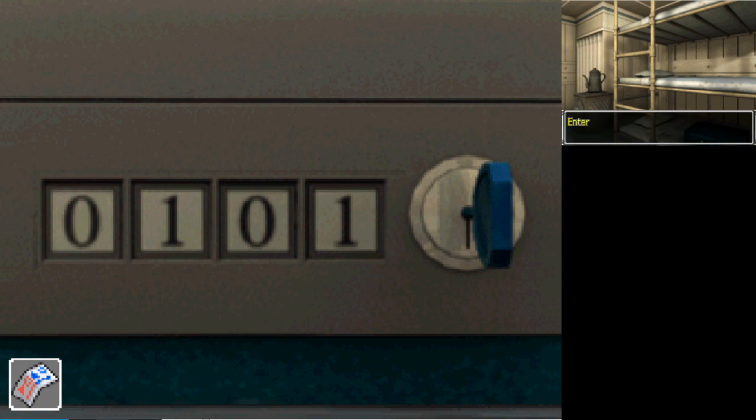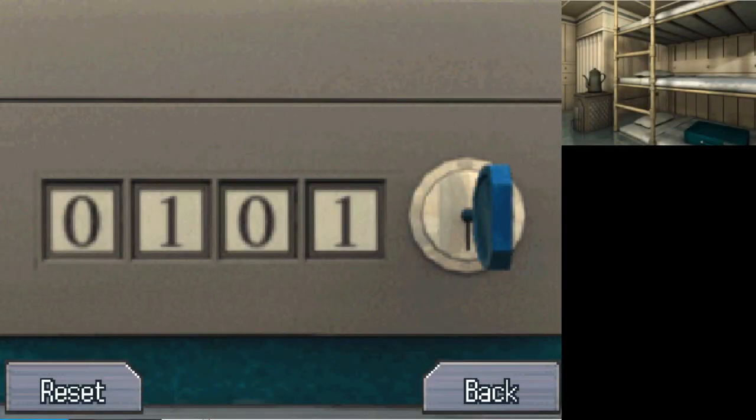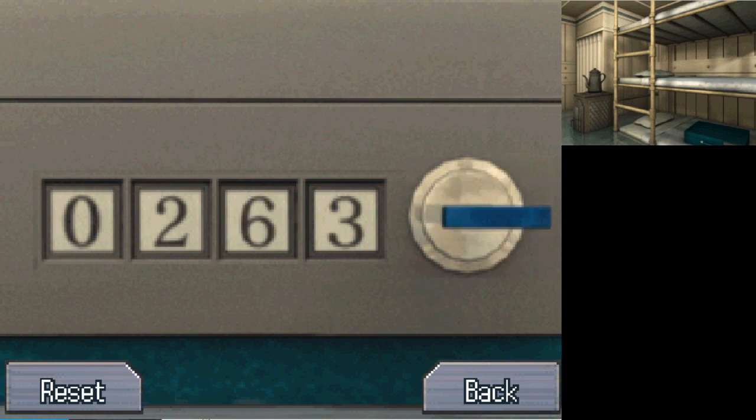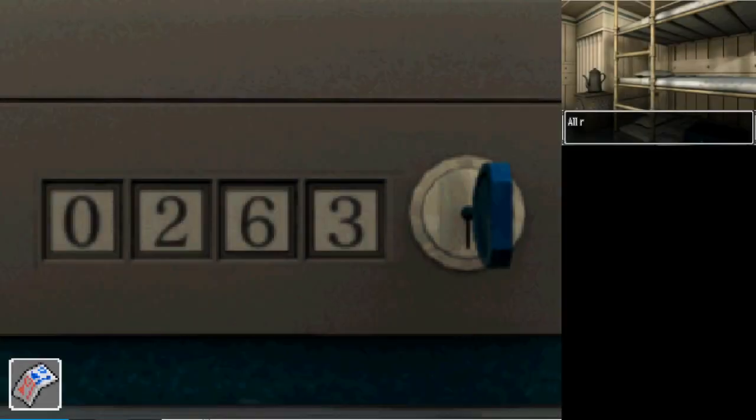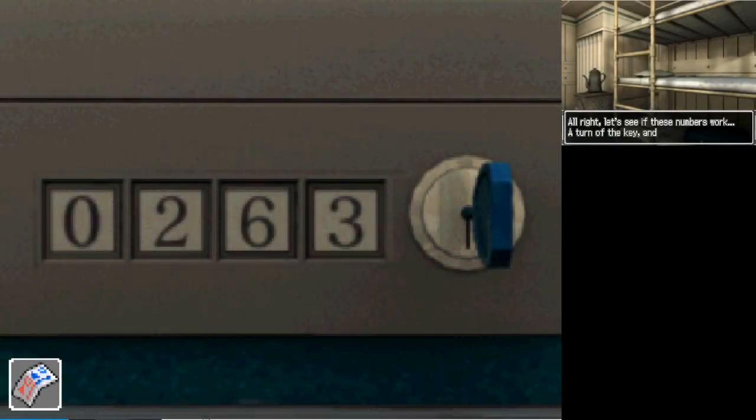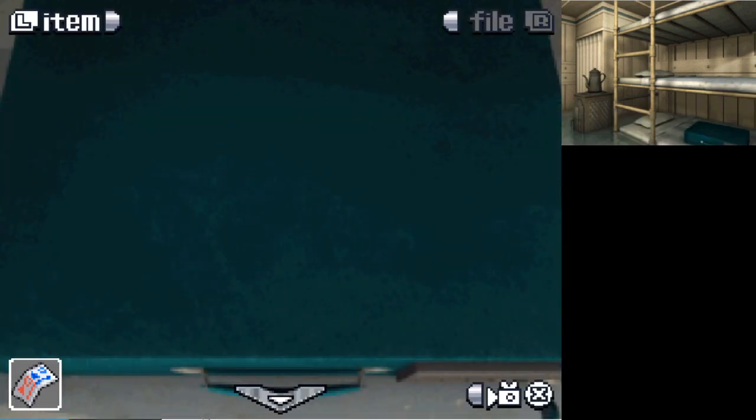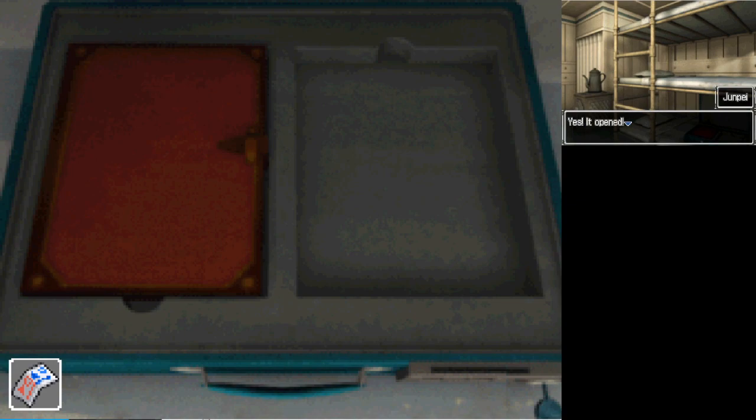Yep, I got it. Yes. Got it. See if this number worked. Turn the key in. Hey, it looks like it's working. Yes. Alright, let's open it up. Yes, it opened. Is there something in here? What is this? A file?